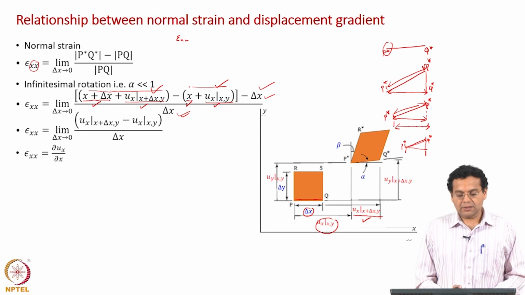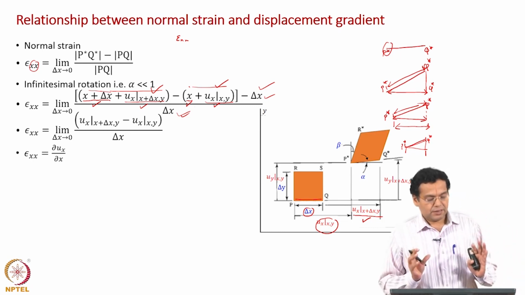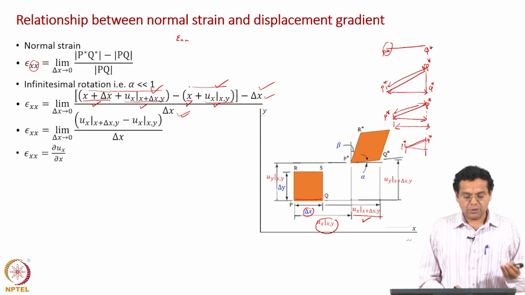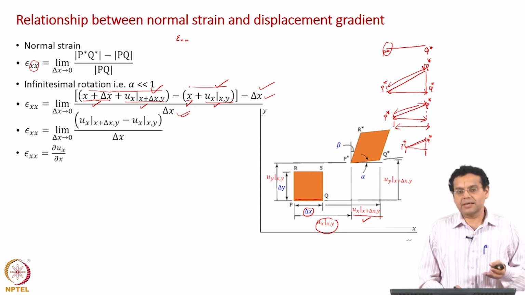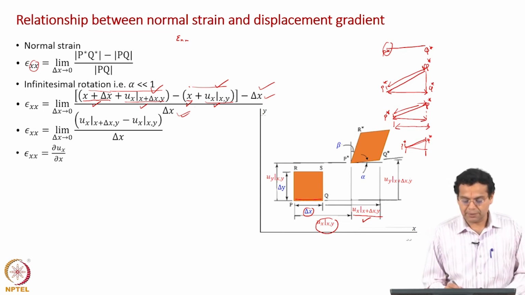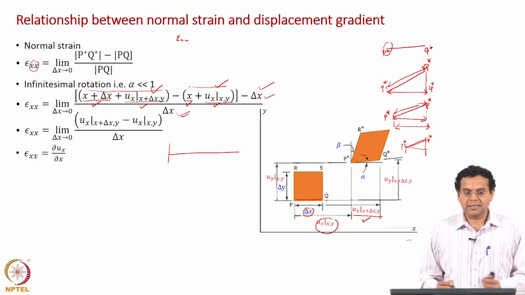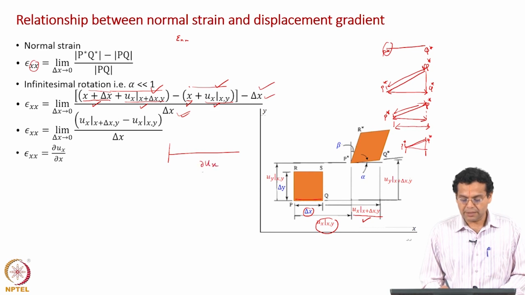What is it we have done now? We have found a relationship between epsilon xx and dou ux by dou x. We have already seen that dou ux by dou x is nothing but a displacement gradient. Remember, when you took the one dimensional example, we had a wall, we attached a wire, stretched it, etc. The one dimensional displacement was dou ux by dou x.